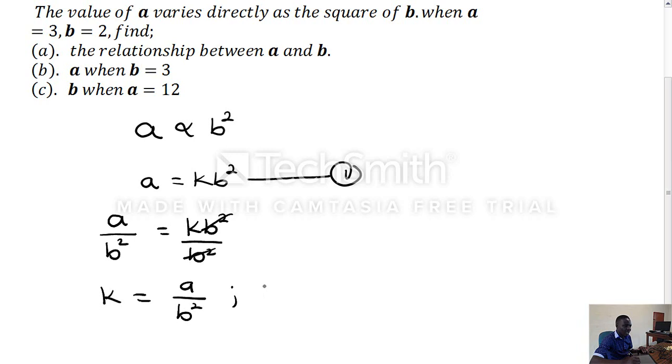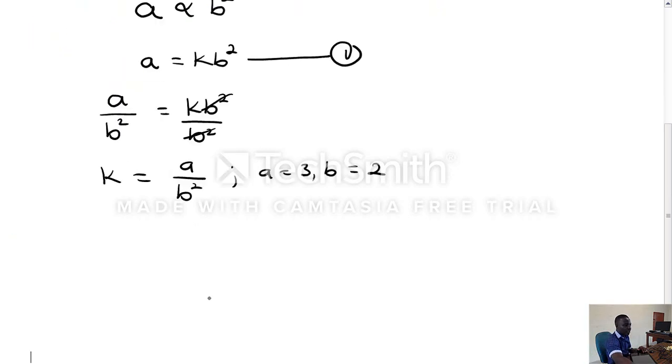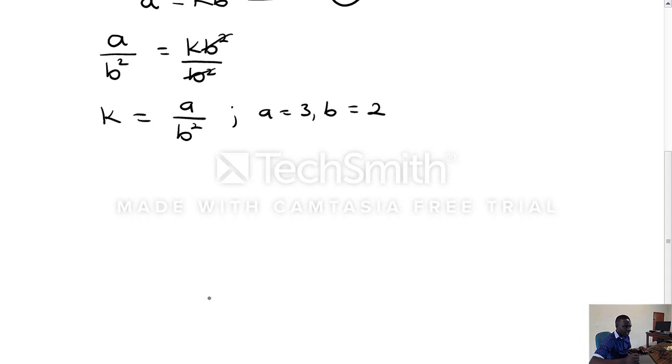But note, we are given that a is equal to 3 when b is equal to 2. I will therefore substitute a and b for 3 and 2 in the expression for k to get the numeric value of k, which I will therefore resubstitute into equation 1, so that k now becomes 3 over 2 as the value of k.